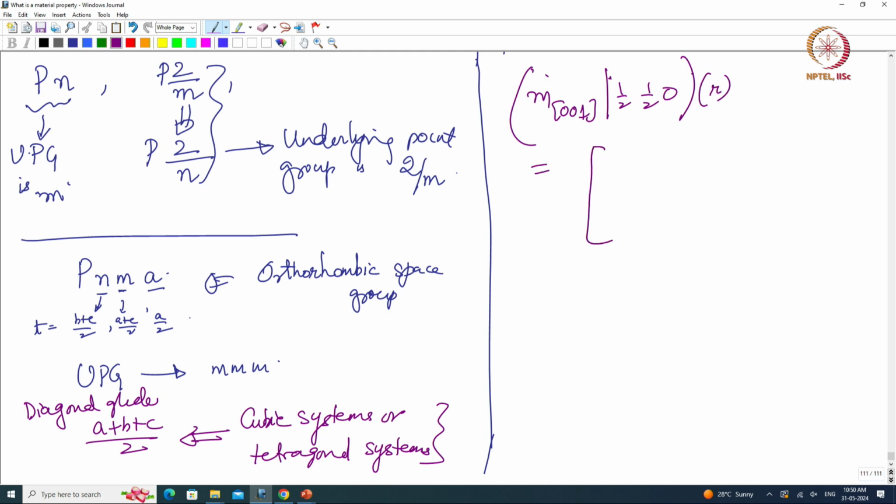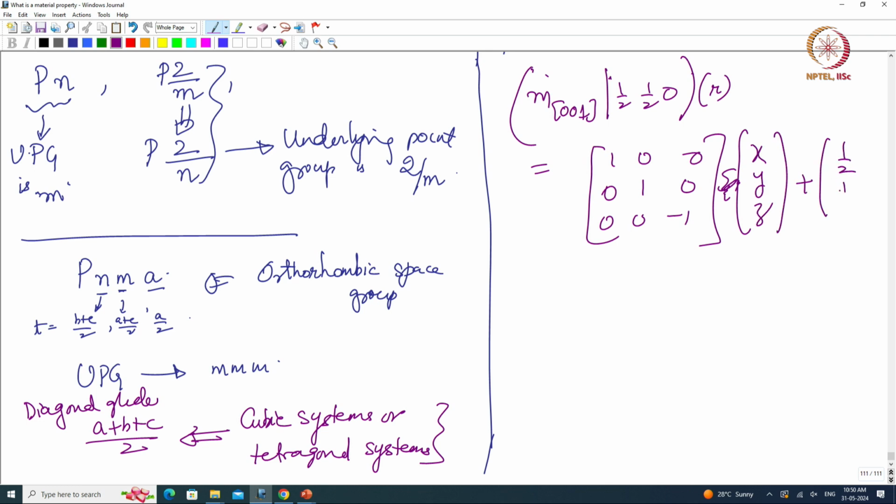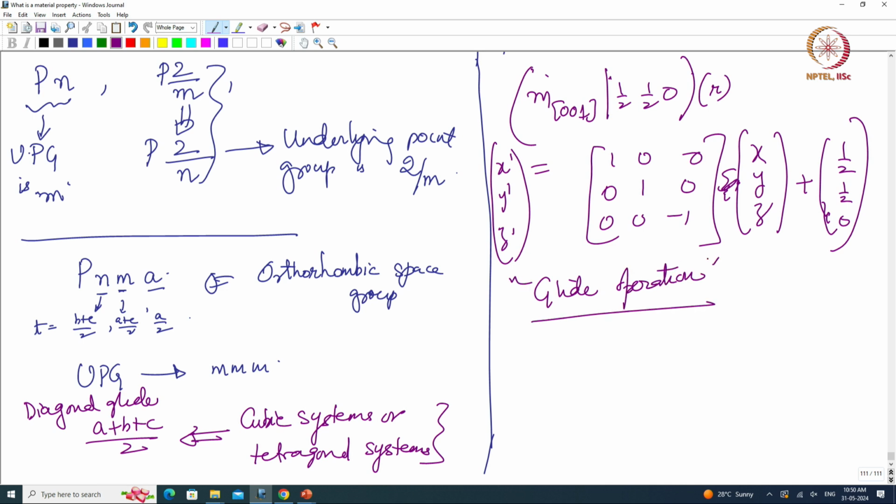I mean that I have a mirror operation, the matrix 1 0 0, 0 1 0, 0 0 minus 1, acting on R, which is nothing but my x y z, plus I have half half 0. This is where I get my x prime y prime z prime. Mathematically I can just do this operation; this is the total glide operation. One glide operation.